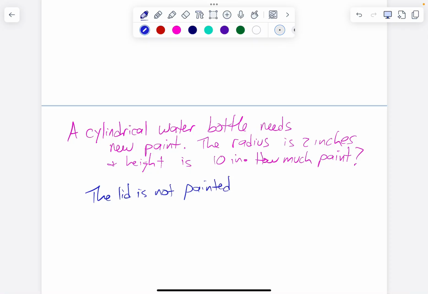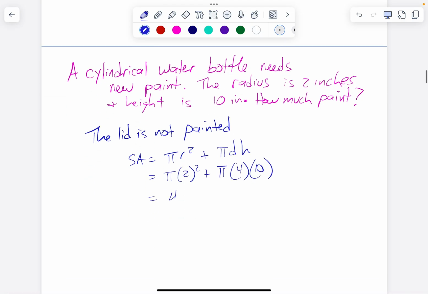So we can modify this to just pi r squared, because the bottom is, plus pi dh. So pi times 2 squared. What's the diameter? 4. Okay. So 4 pi plus 40 pi.